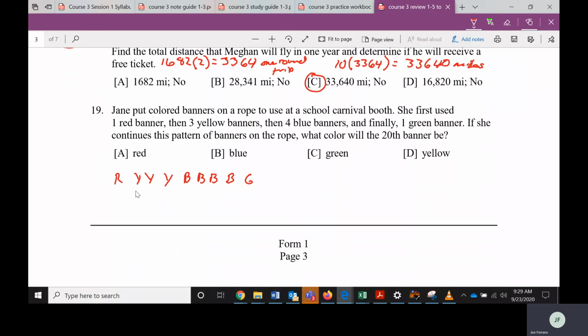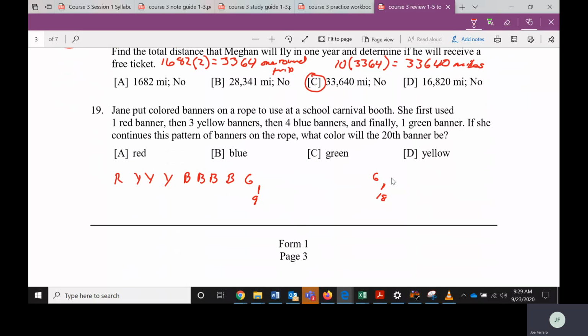So let's see where this takes us. It's 1, 2, 3, 4, 5, 6, 7, 8, 9. Okay. So that's at 9. So this series will end with a green at 9, 18. So this will be repeated again, the red, yellow, yellow, yellow, blue, blue, blue, blue, and then a green.